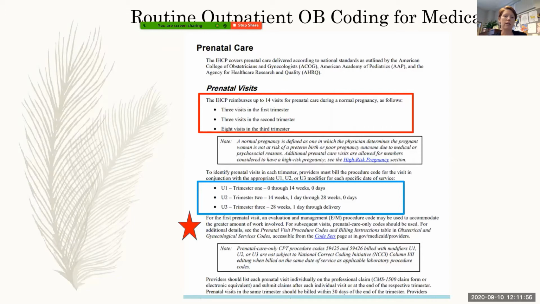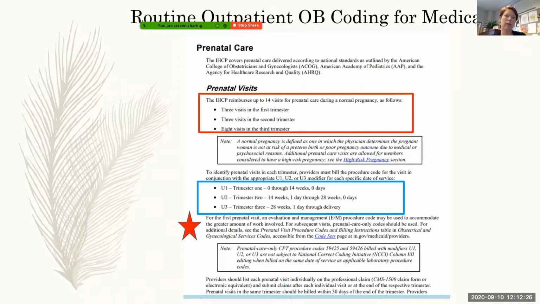The way they break it down is that a typical healthy pregnancy should have about 3 visits in the first trimester, 3 visits in the second trimester, and then 8 visits in the third trimester. Again, that depends a little bit on when they start seeing you, but most of the time that fits fairly well.